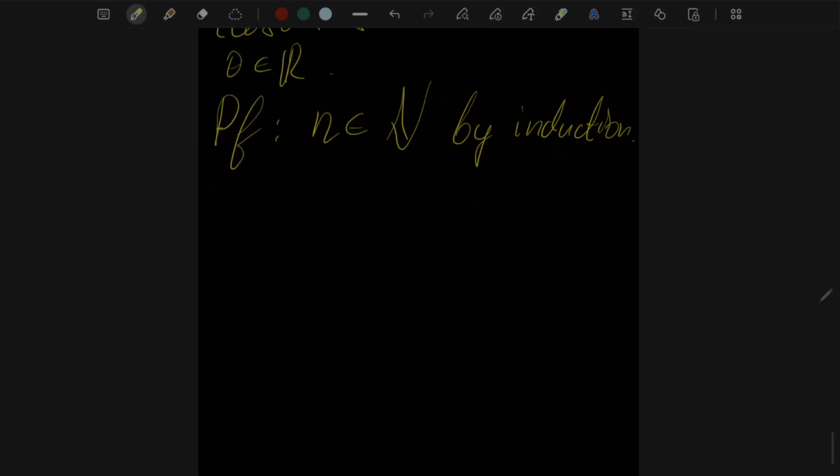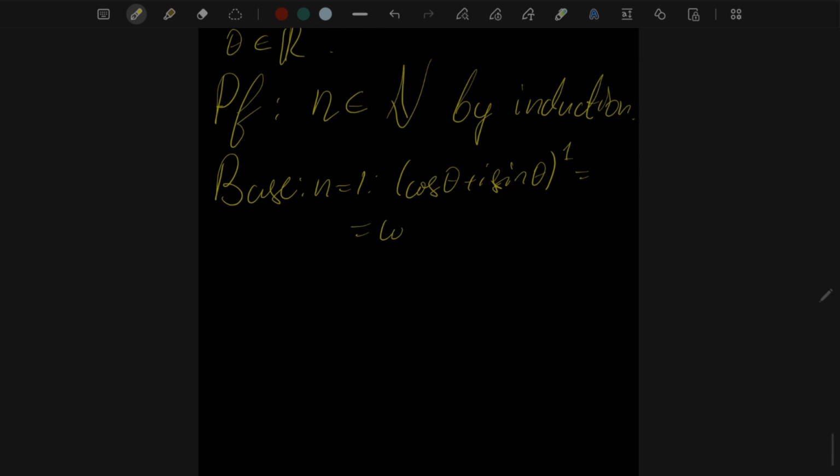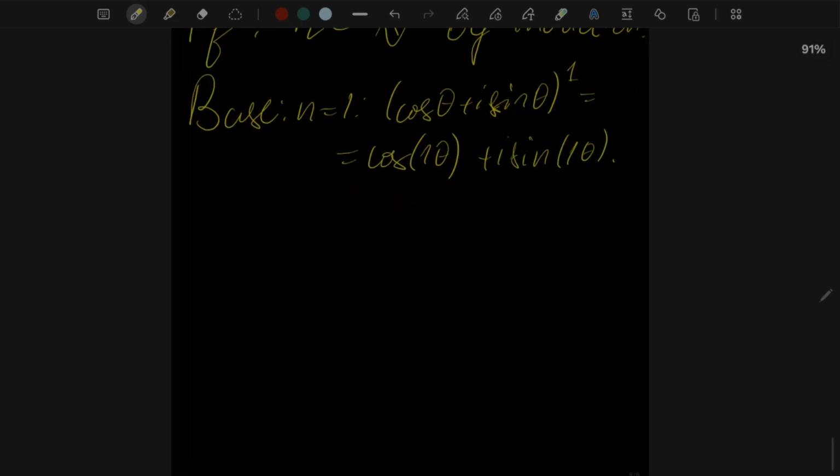So the base of induction will be n is equal to 1, so cosine of theta plus i sine of theta to the power of 1 is indeed equal to cosine of 1 theta plus i sine of 1 theta. Yay!